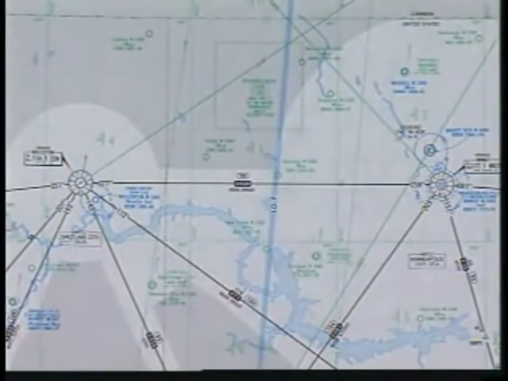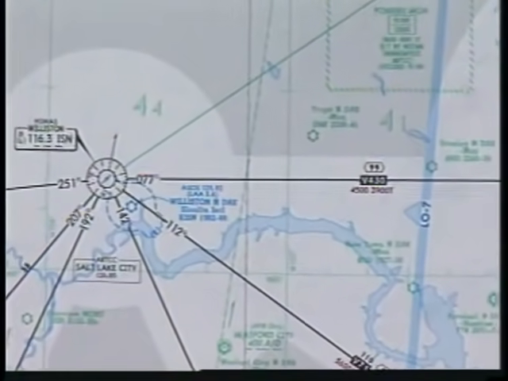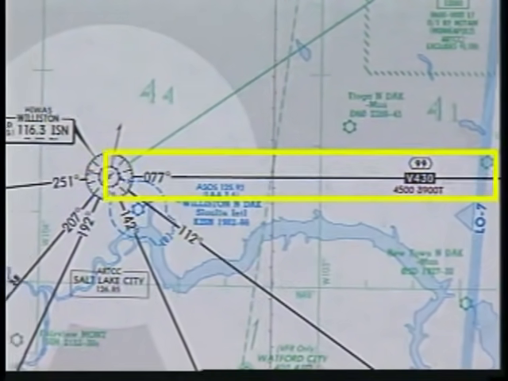The next area we'll look at is how airways and their associated navigation components are shown on en route charts. Victor airways are formed by radials extending from VOR, VORTAC, or VOR DME stations. The airway center line is identified by a solid black line.